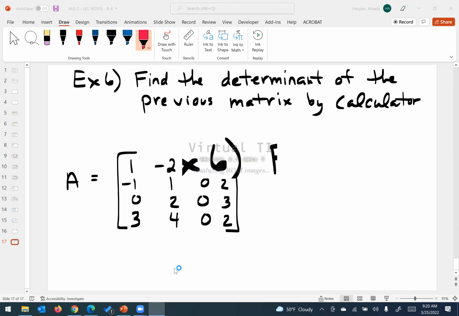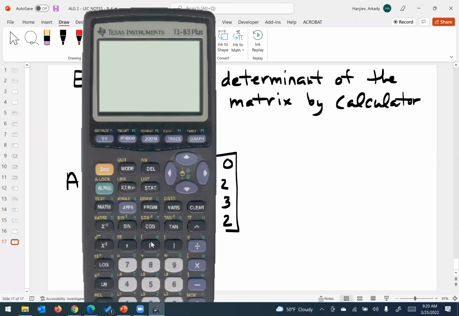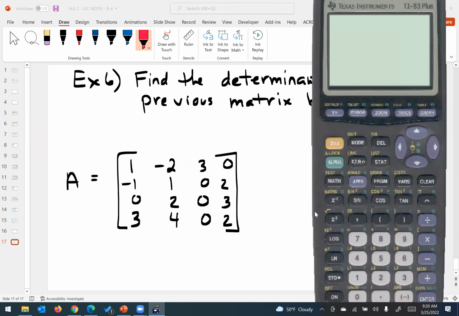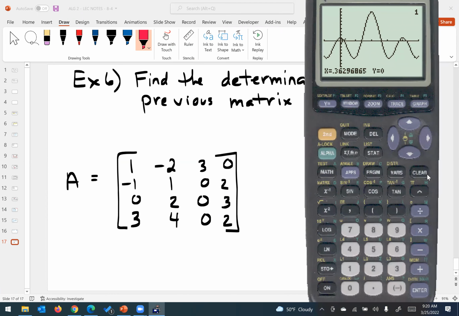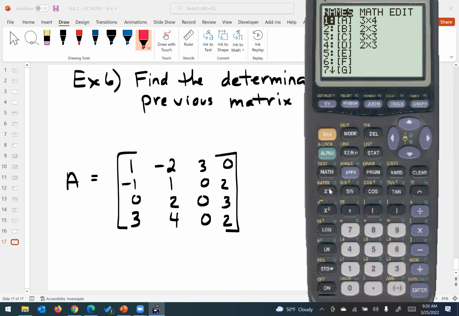Let's go to our matrix menu. So second function, go to matrix right here, and we're going to go to edit. We're going to edit A, and we're going to make this into a 4x4 matrix this time. So 4 times 4. And then we're going to enter all those numbers right there.